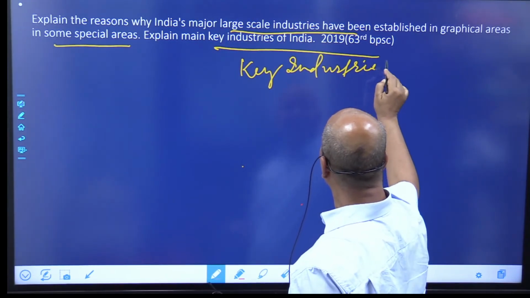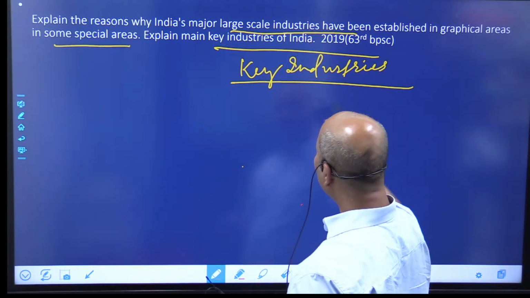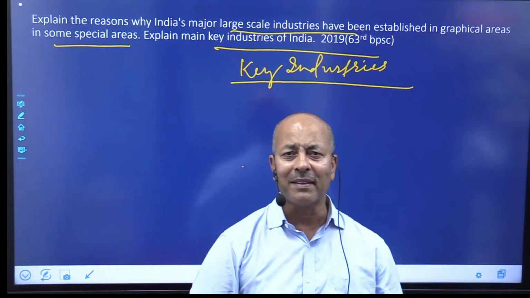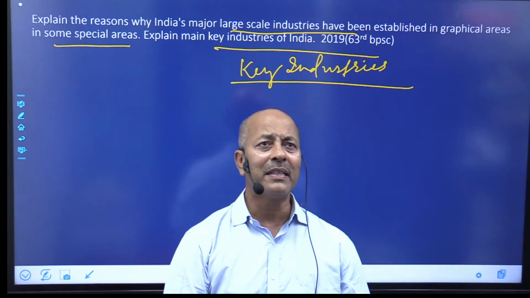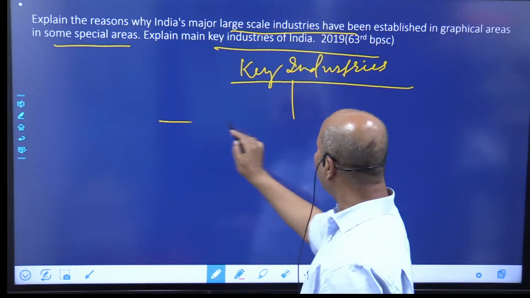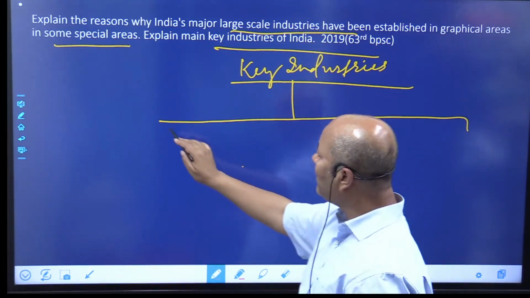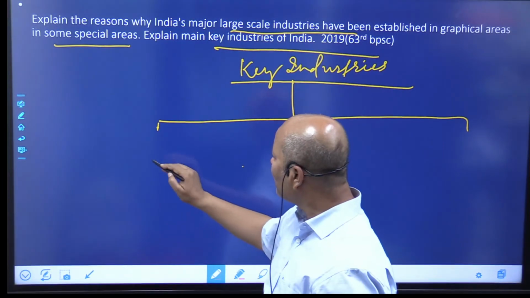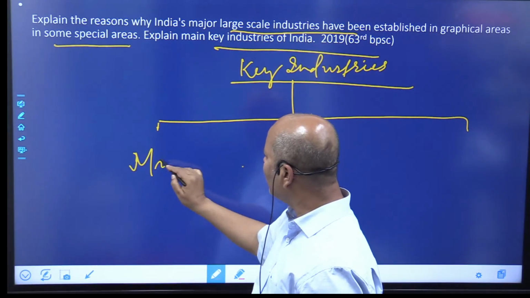Key industries of India. So main thing we have to discuss is what are the major key industries of India. We like to go for the location. So for this purpose, you try to go for the key industry in different areas. See, first one we have mineral-based industry.